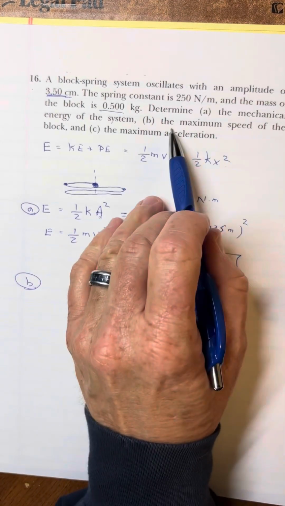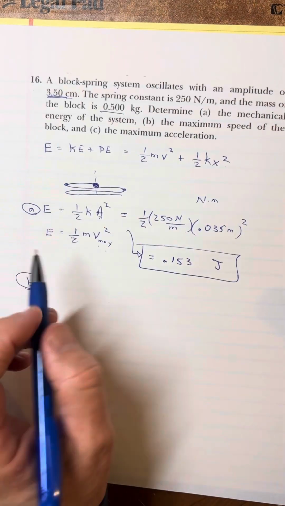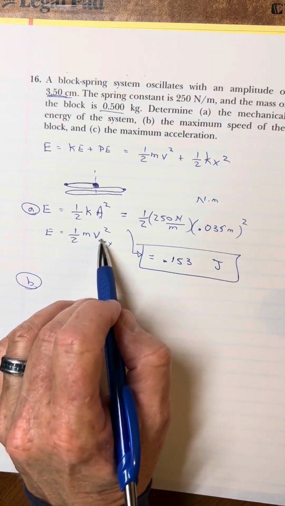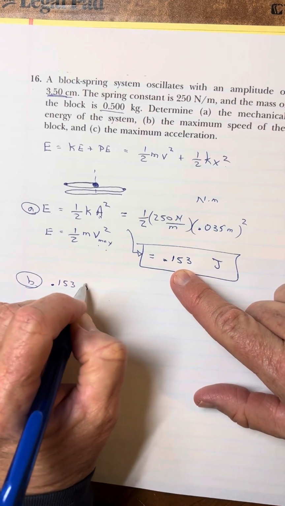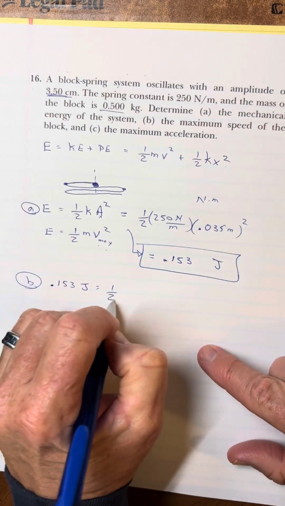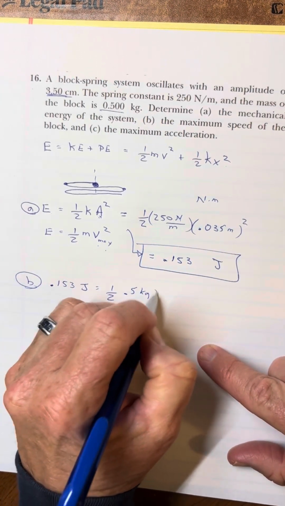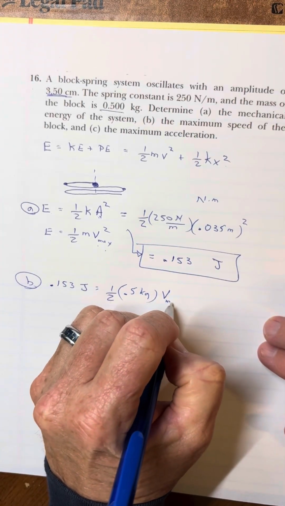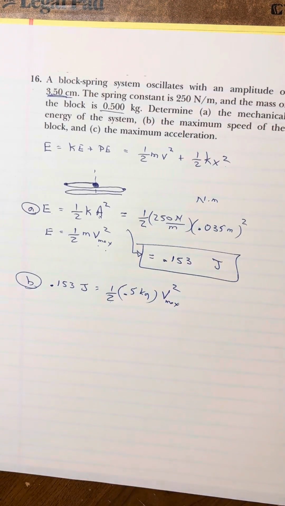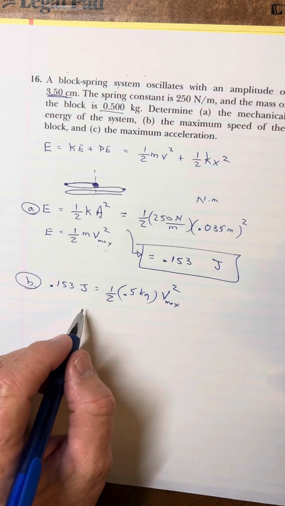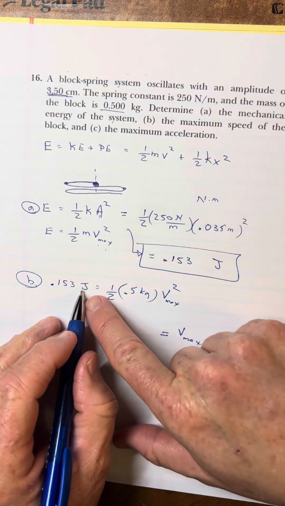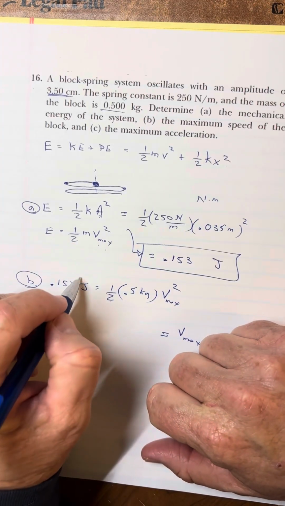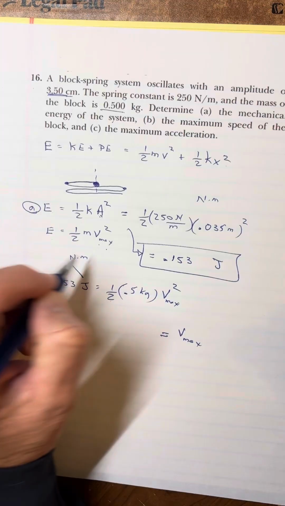Now for B, when they say the maximum speed, we can take advantage that we know its total energy and find its maximum speed. So I'll just put this in as 0.153 joules of energy here, equal to 1/2, and then its mass is 1/2 kilogram, times the velocity at its maximum, that is when it's at its center, squared. Maybe I'll write it this way, V max, and watch my units here. I'm going to think of this joule as a newton times a meter.